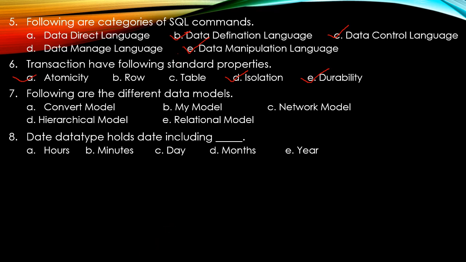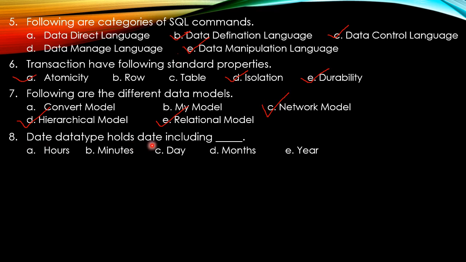So I'll take these three answers. These three are the different data models: network model, hierarchical model, and relational model. But from these three data models, the widely used data model is which one? Relational model. Okay. Now the next question.